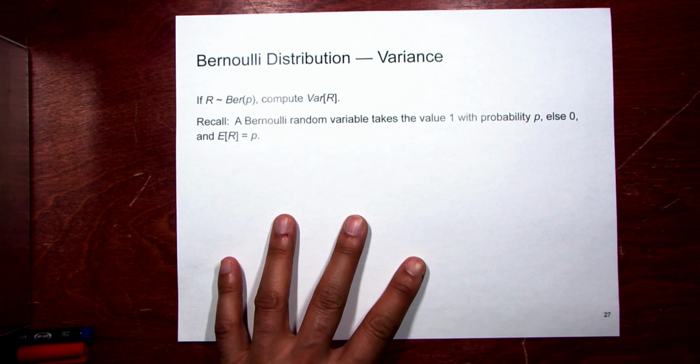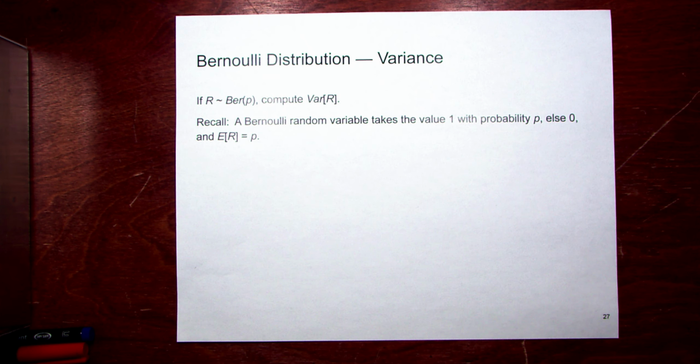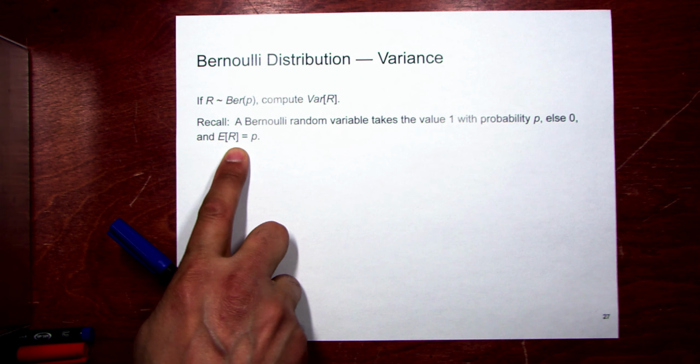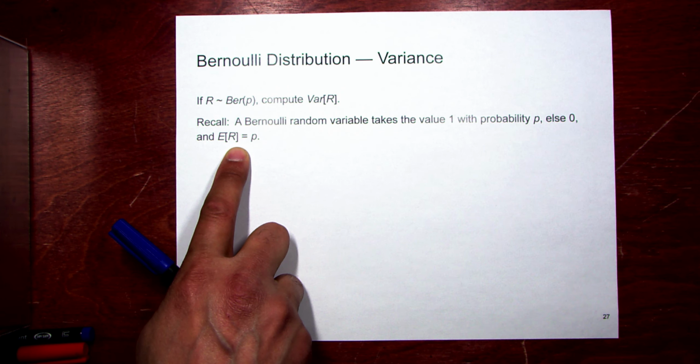Okay, so let's do Bernoulli. Remember, the Bernoulli distribution takes, again, two values. Instead of plus or minus 1 or plus or minus 1,000, it's 0 or 1. Now, the expected value is p. So we're going to subtract the mean p each time.